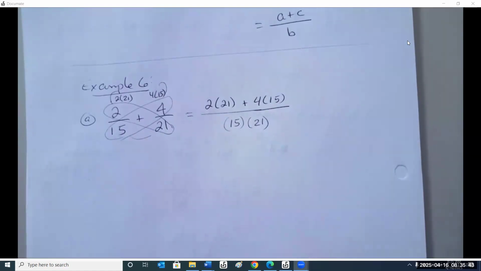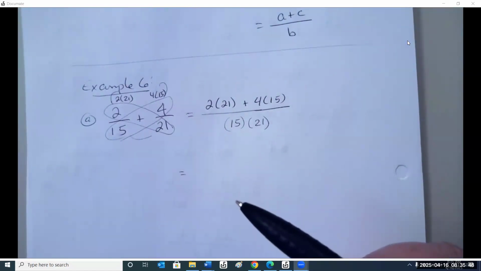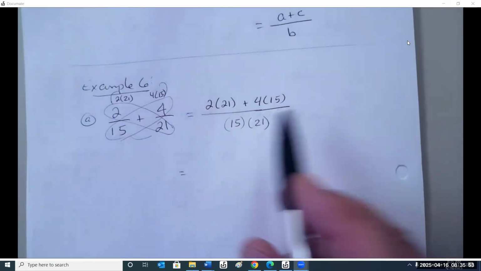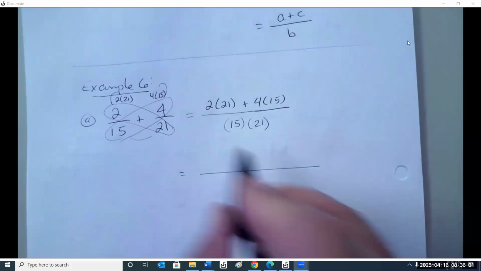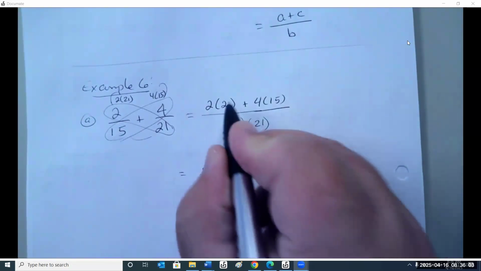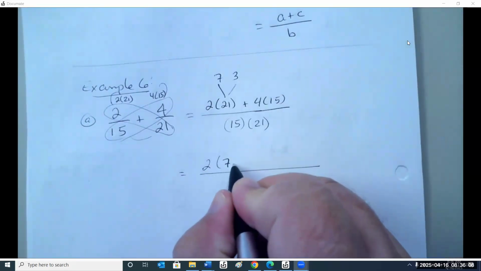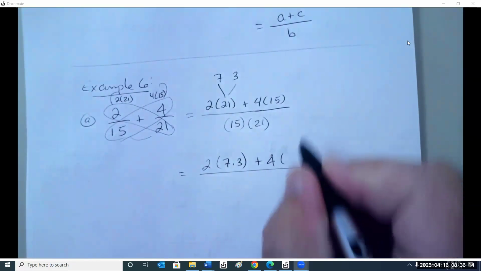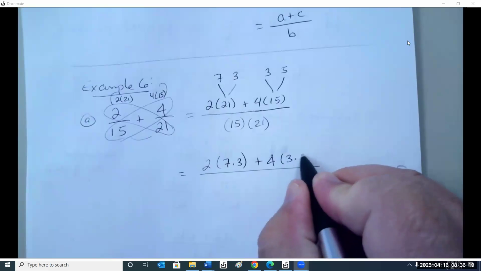Why did I do that? Here's a rule that I'm interjecting here. Before adding, whenever you add, simplify first. Before you add them together, simplify. What is 21 made up of? This is made up of 7 times 3. 15 is made up of 3 times 5, right?